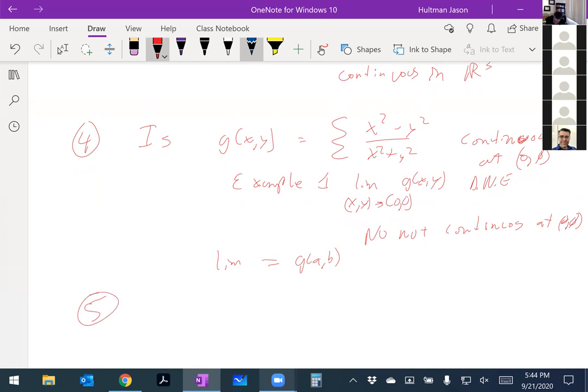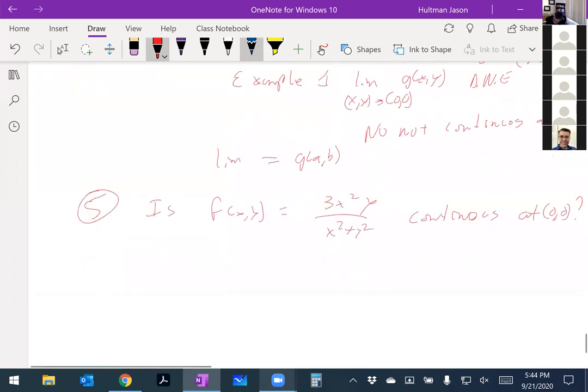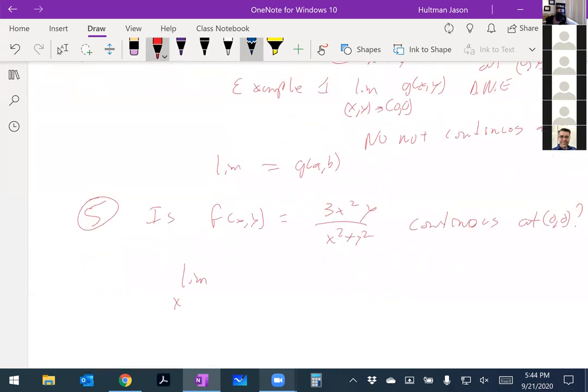Let's do the last one here real quick. 30 seconds on the clock. Is f(x, y) equal to 3x squared y over x squared plus y squared continuous at (0, 0)? Well, what was the limit as (x, y) approaches (0, 0) of this function?